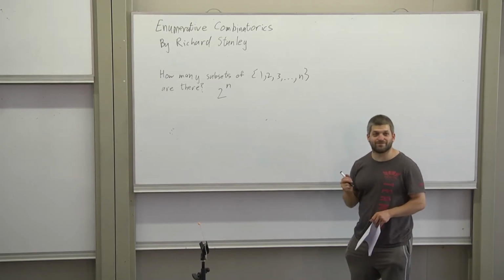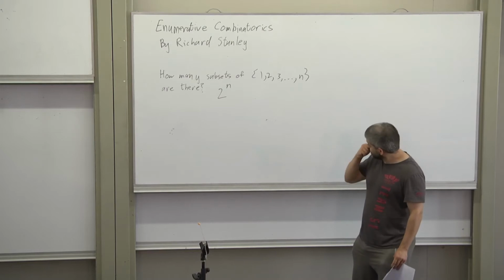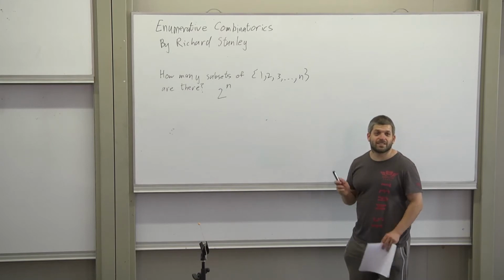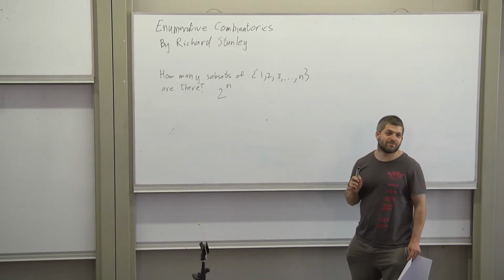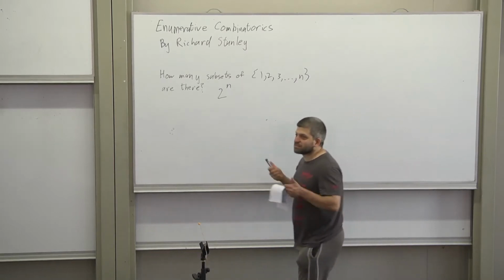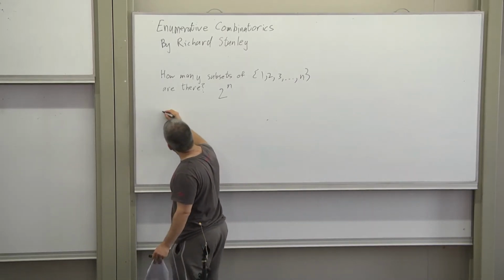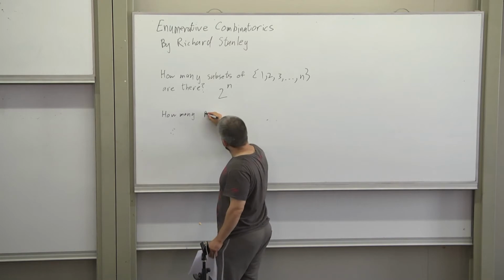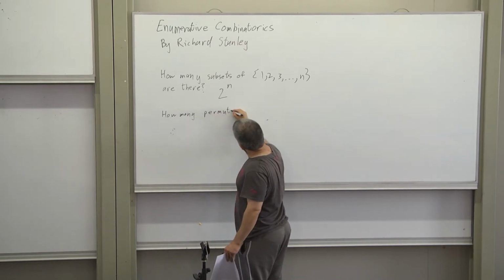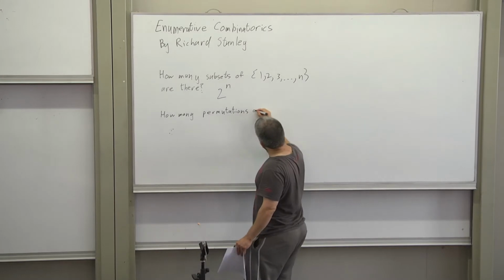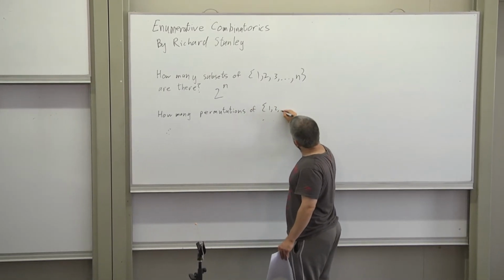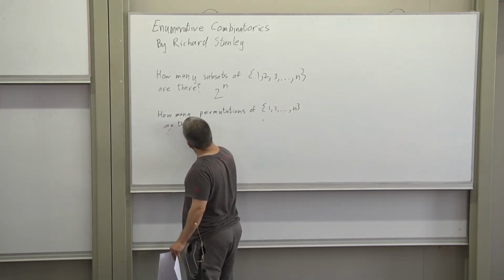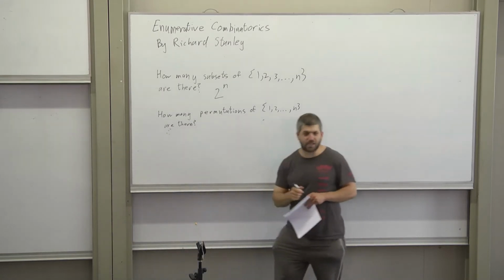Okay, so what can we say about this answer? It's simple, it tells you what the growth rate is. This is as nice an answer as you can get, right? Okay, so how about how many permutations of that same set?